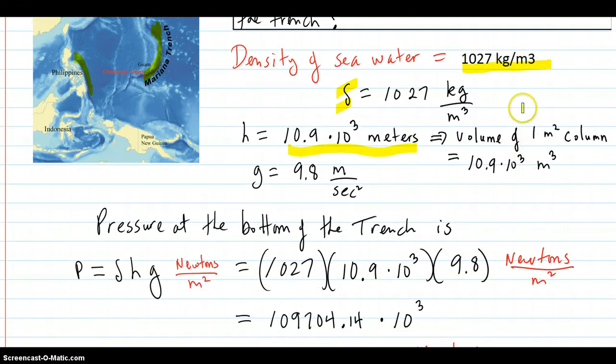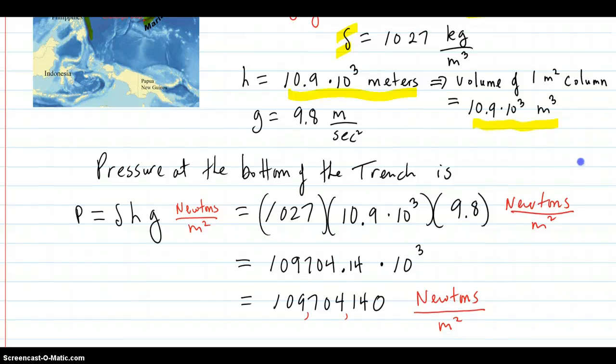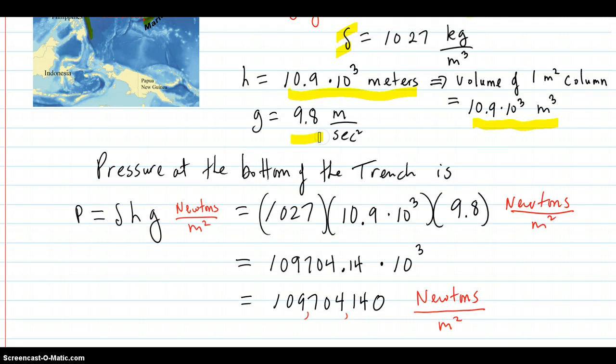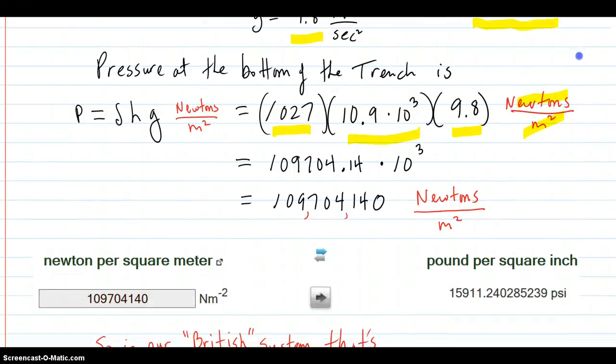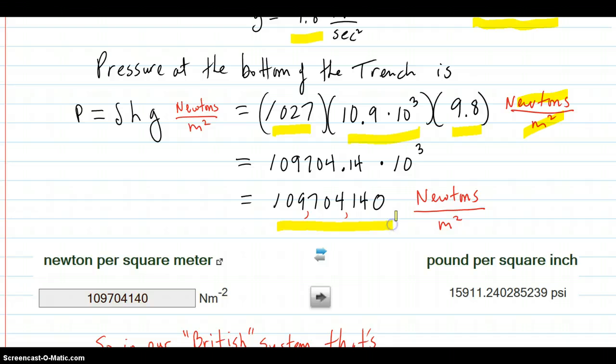So the volume of a 1 square meter column that is that deep, and then the gravity is 9.8 meters per second squared. You multiply those numbers together, and the pressure at the bottom of the trench works out in newtons per square meter. Multiply it all together, and you get this many newtons per square meter.